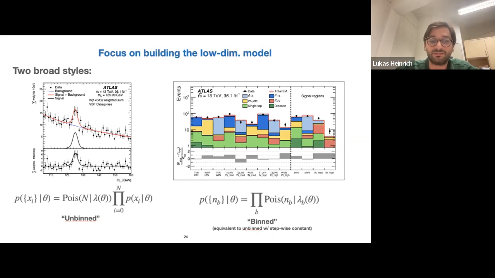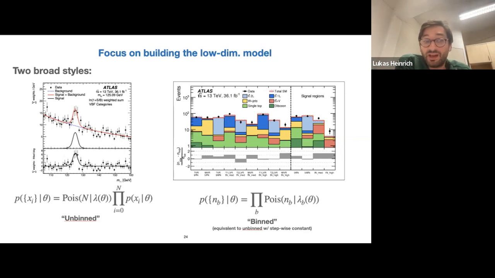So we have a set of events, an IID sample of individual events, and each of those samples comes with the same likelihood. The most extraction of information happens if you just model it exactly in that way. This is what we call an unbinned model.